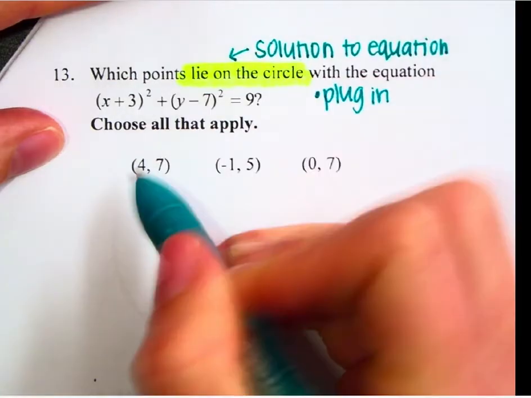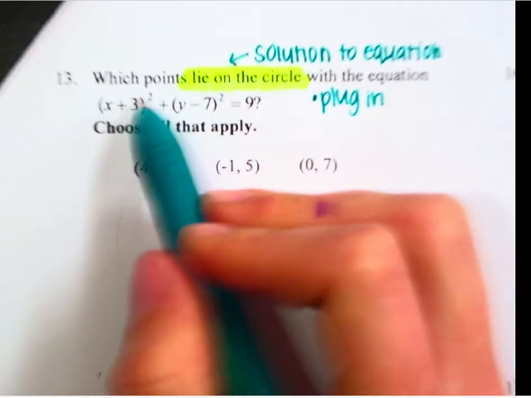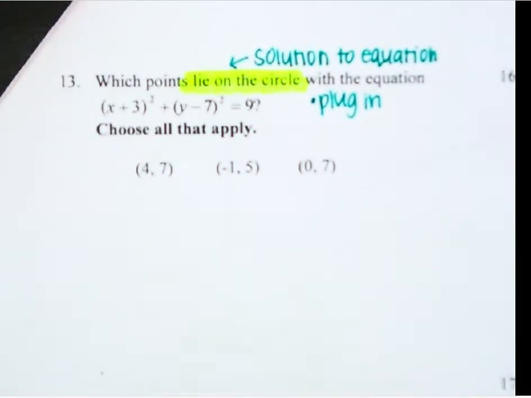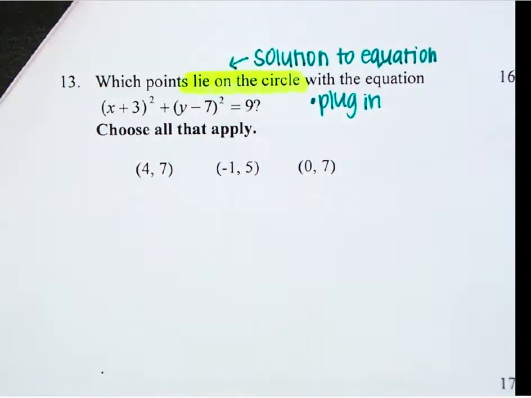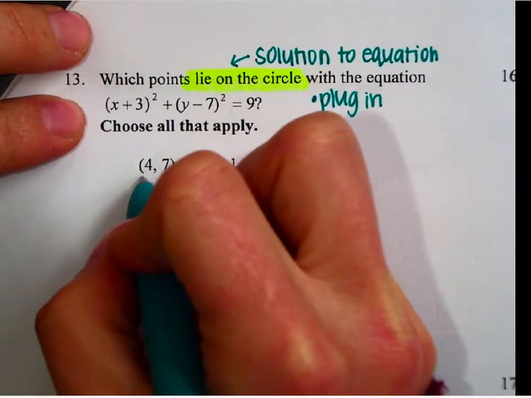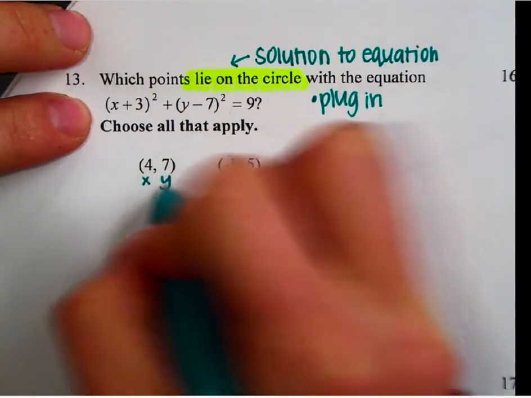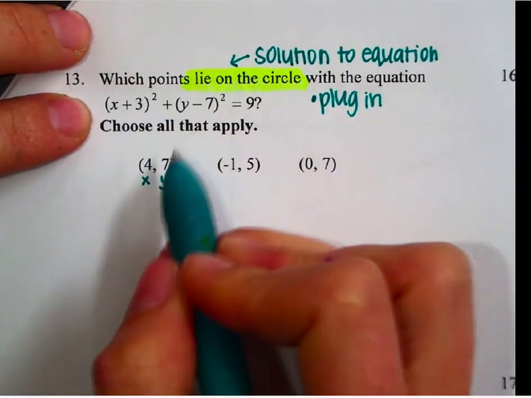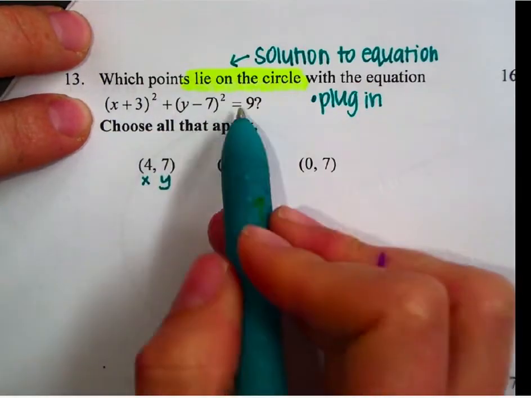We're going to be plugging in each of these ordered pairs to see if it makes this equation true. Okay, so we have this as our x value, and this is our y value that we're just plugging in here for x and then here for y to see if it'll equal 9.